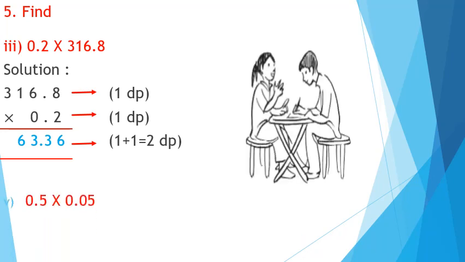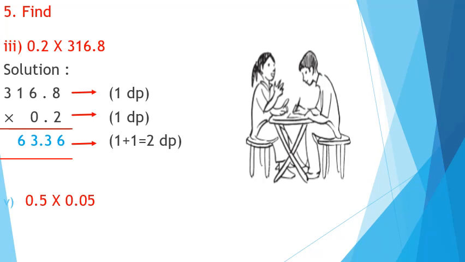Our next question, 0.5 multiplied by 0.05. Here actually we have to multiply 5 into 5 equal to 25. And in the question, the first decimal number has one decimal place, and the second decimal number 0.05 has two decimal places.